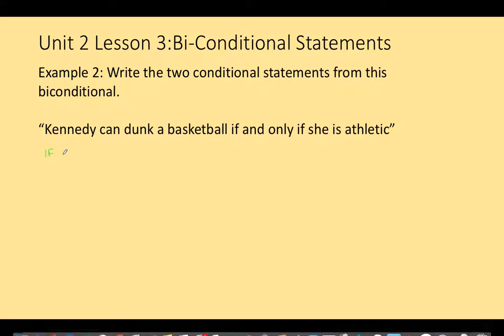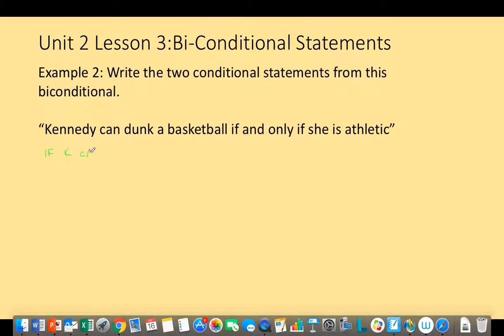So if Kennedy can dunk, then she is athletic.